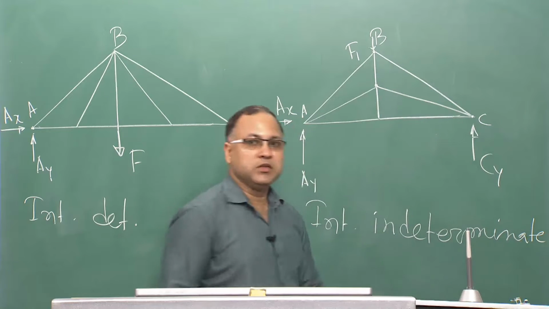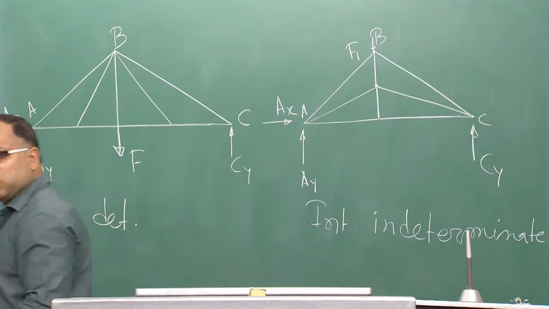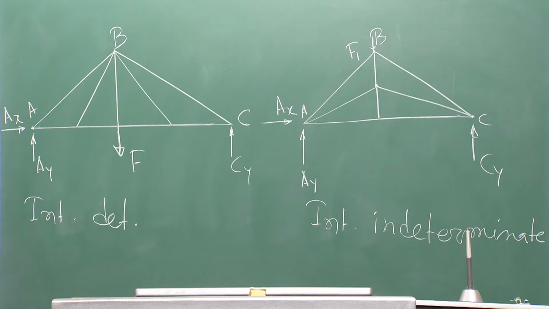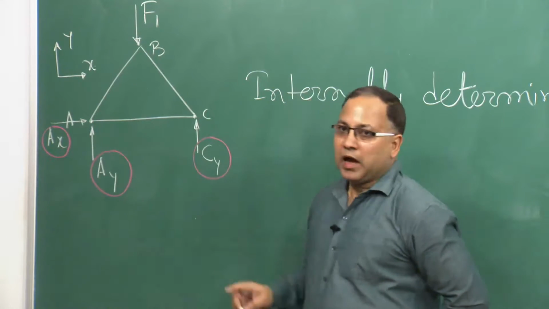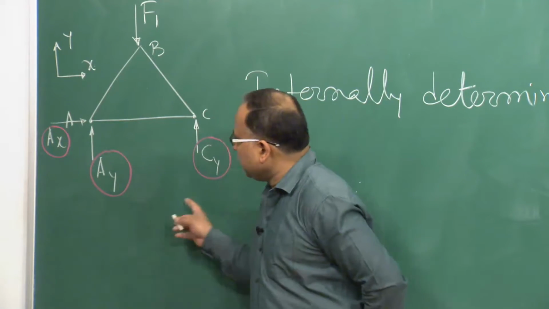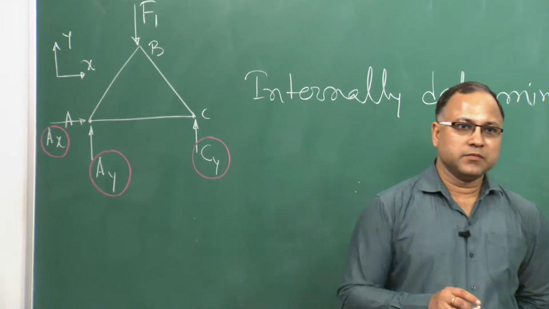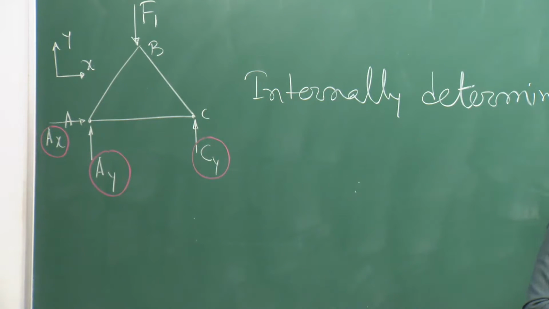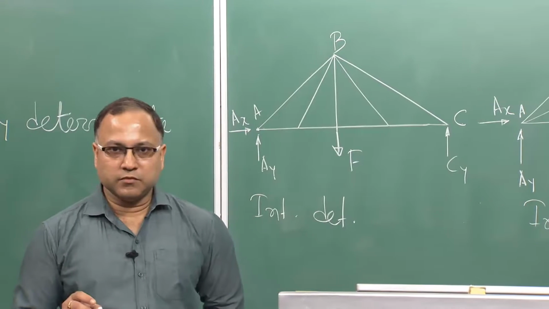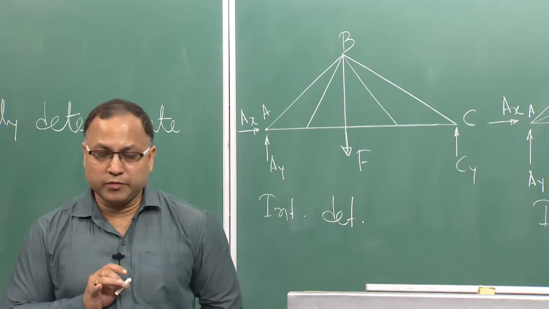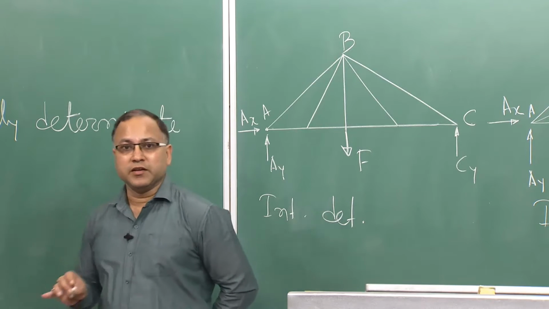Now, why am I using internally and externally, why is this word coming out? If I can find out all the support reactions, then that is externally determinate, and if I can find out the member forces by simply using the equations of equilibrium, then that is known as internally determinate.